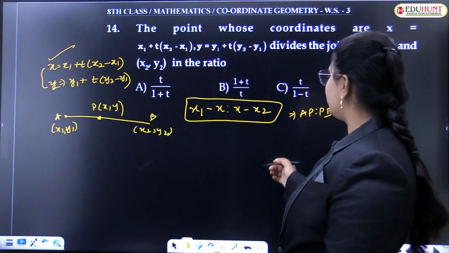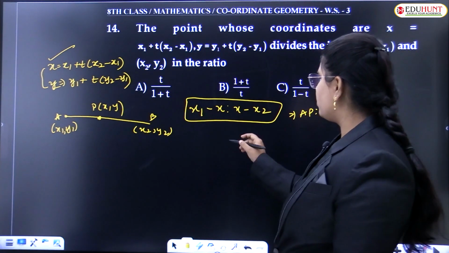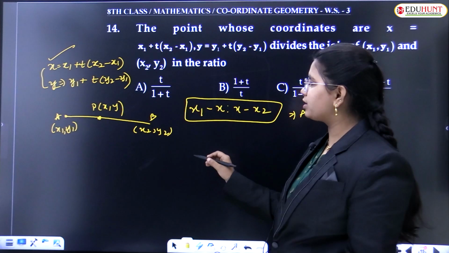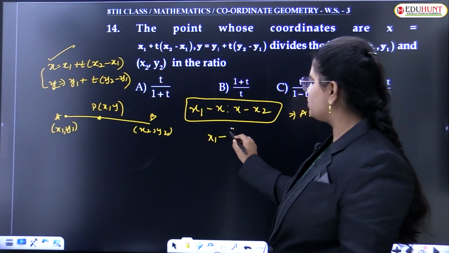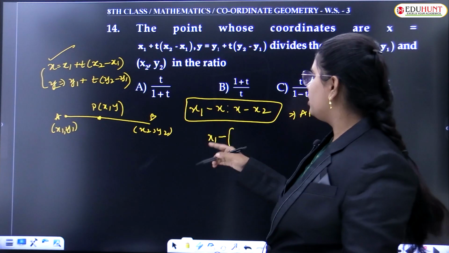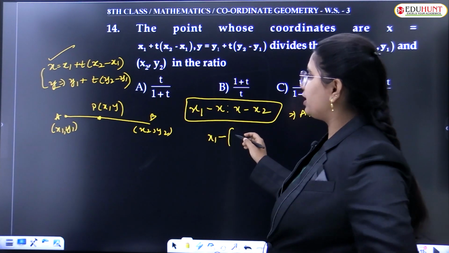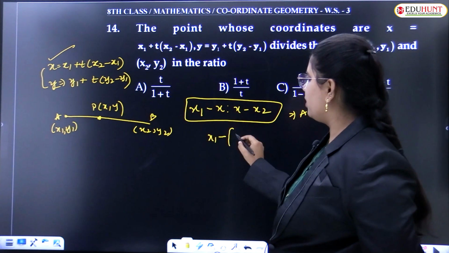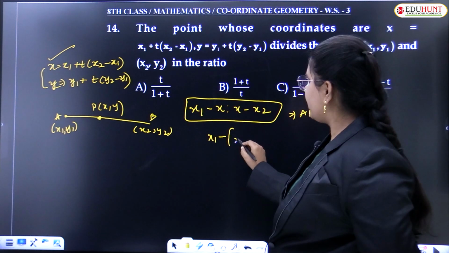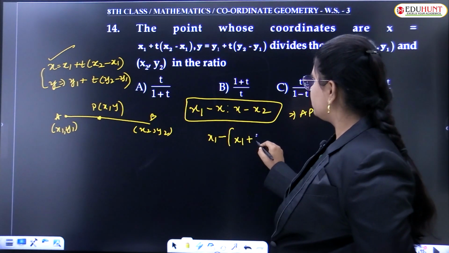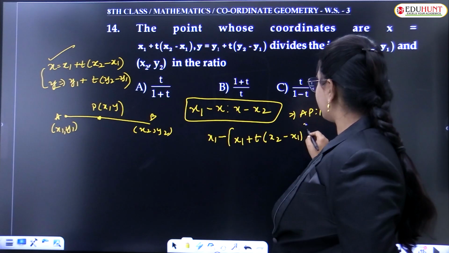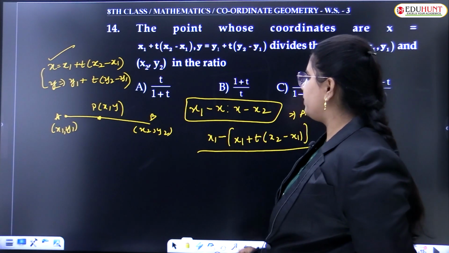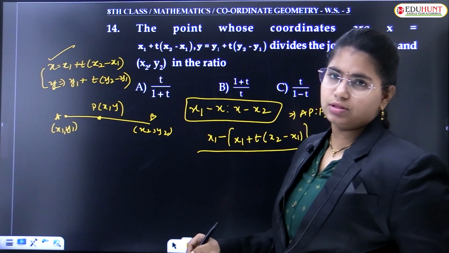So we'll apply it in this, okay? x1 as usual I'll write as it is, x1 minus x. The value of x is given, so I'll substitute the value of x in this formula. What is x here? x1 plus t into (x2 minus x1), whole divided by, ratio I can write in this format too.